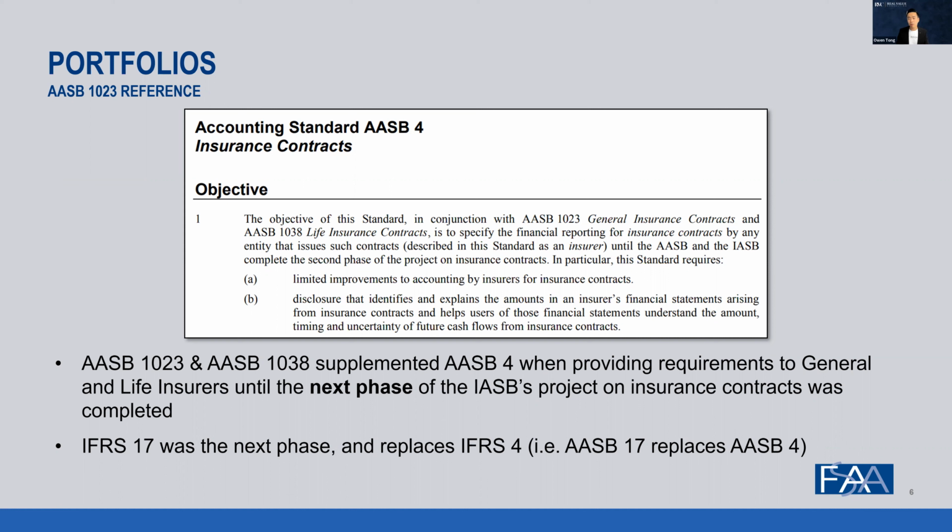AASB 4 was always meant to be a stepping stone for the IASB, because the IASB wanted to move in a certain direction, but there was a lot of work to be done, and it took a huge amount of time to get to where we are. But now here we are, and IFRS 17 replaces IFRS 4 and AASB 4, which is why, in my opinion, you see the same words of similar risks and managed together. They've always had the intention of segregating the contracts like that.